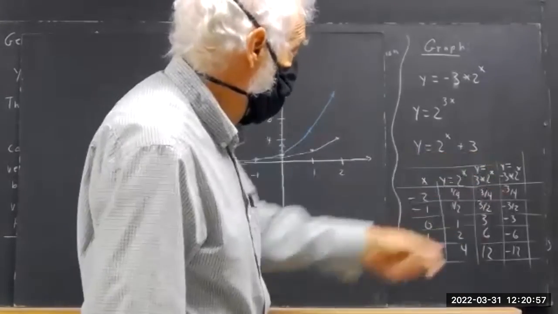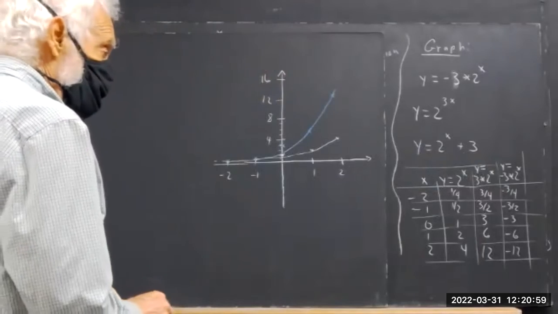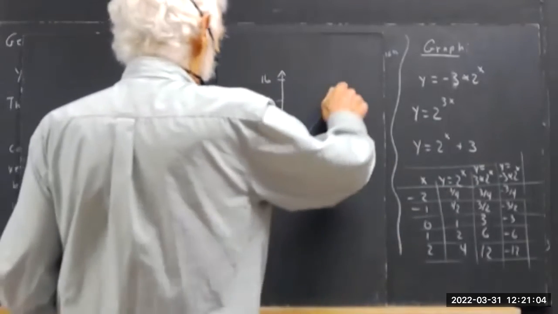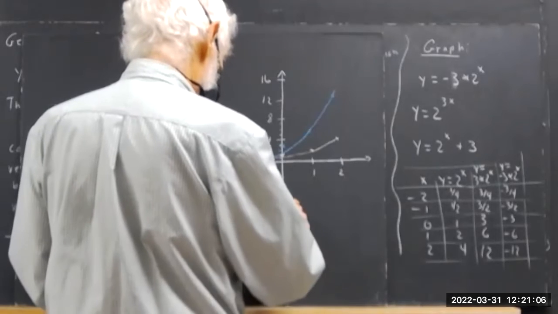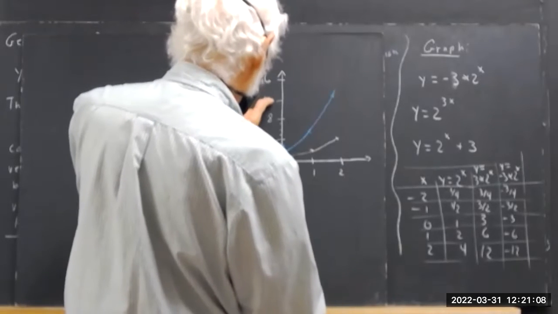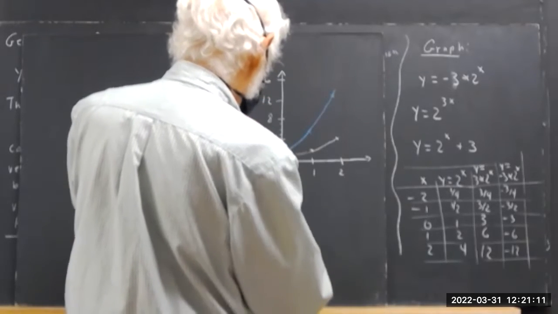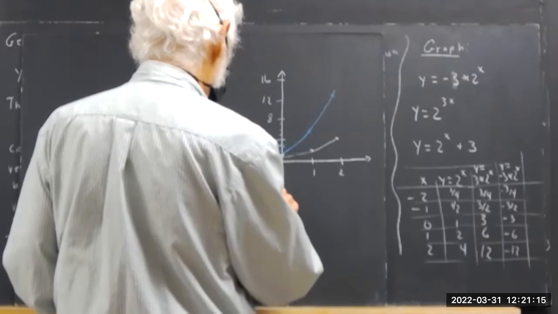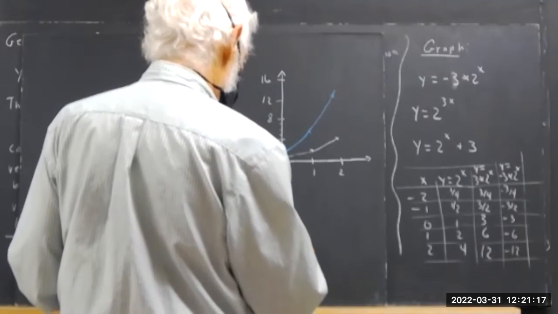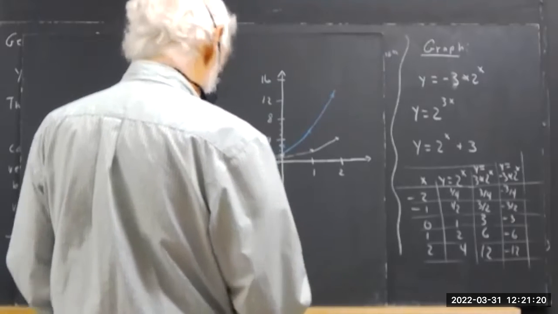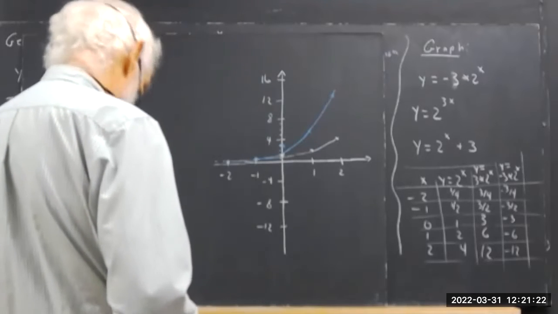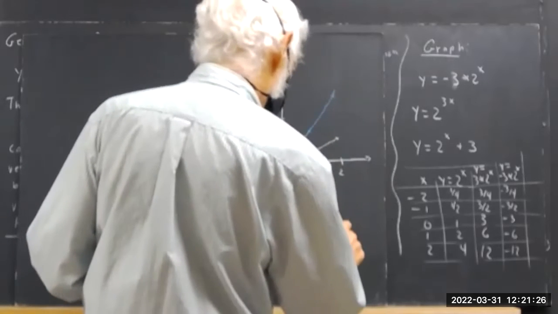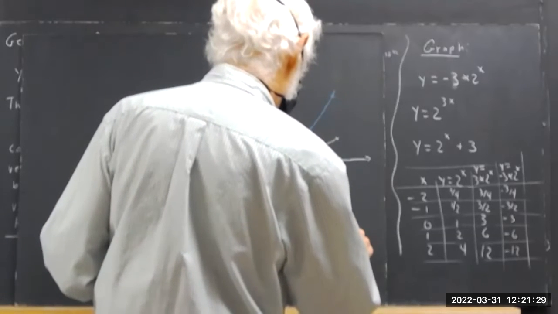Now, if we want -3 times 2 to the x, so that's going to make all these numbers negative. So what's going to happen? The 12 is going to become a -12. So let's see that. 8 is about there. A -12 will be about here. So that 12 is going to become -12. That's going to put us down here.